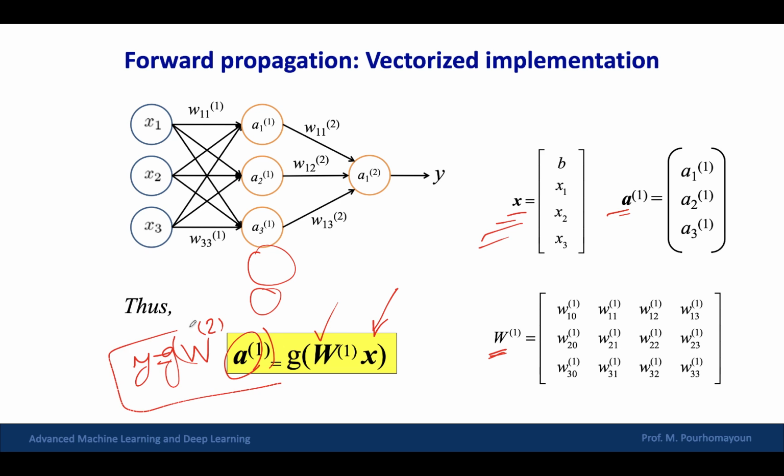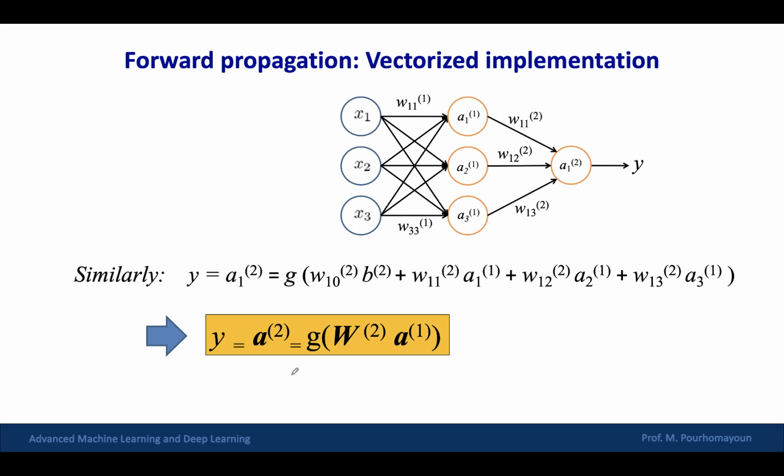Okay, so this is how you create y. Here you go. So y, which is the output of your network in this case, which is in fact equal to a12, the output of this neuron, is equal to this. So same thing, this guy multiplied by this guy multiplied by this guy multiplied by this, and then g of them.